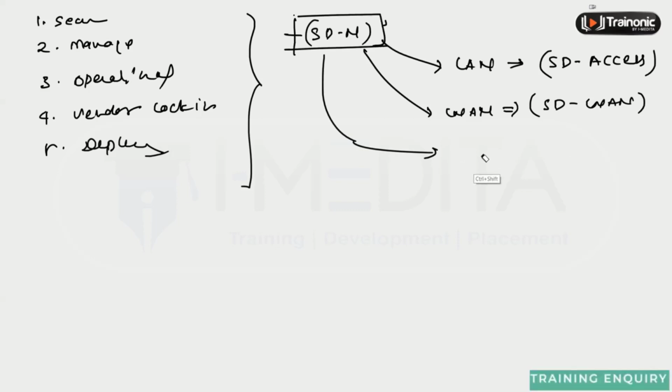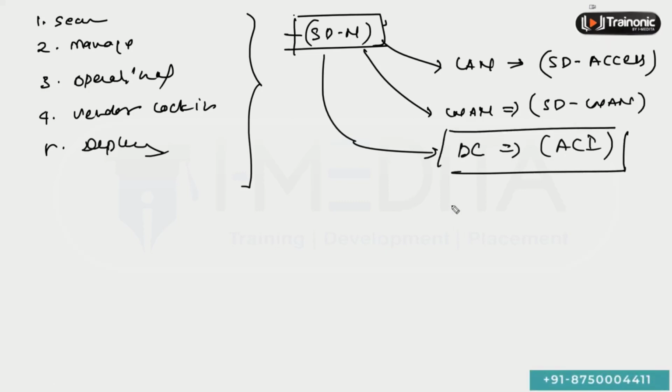The software-defined approach to manage the data center network is based on something called application-centric infrastructure, or ACI. It uses the concept of VXLAN and others to manage the data center environment.